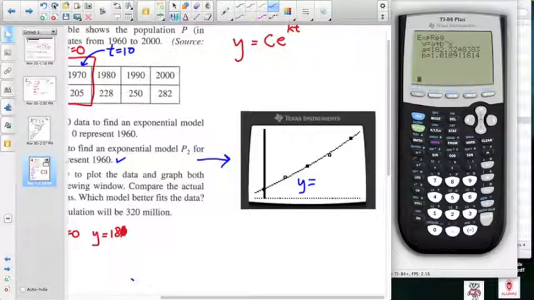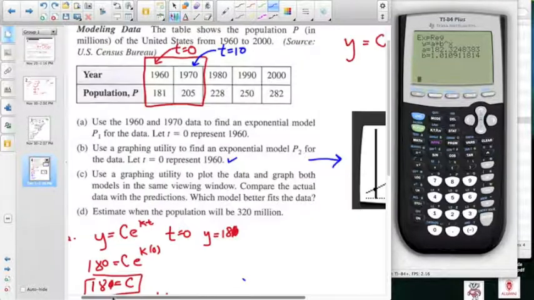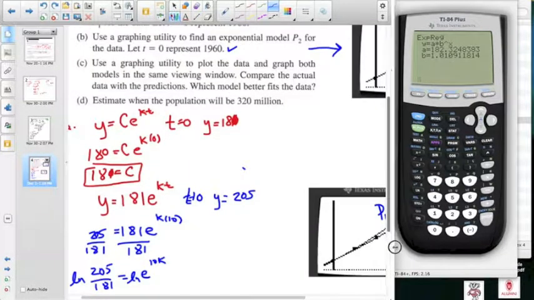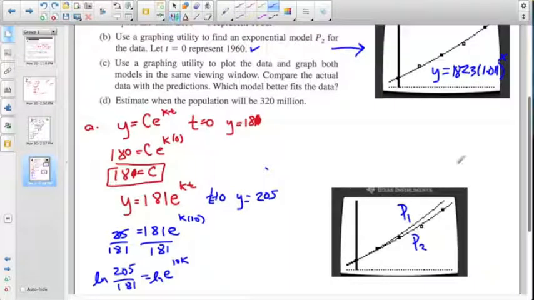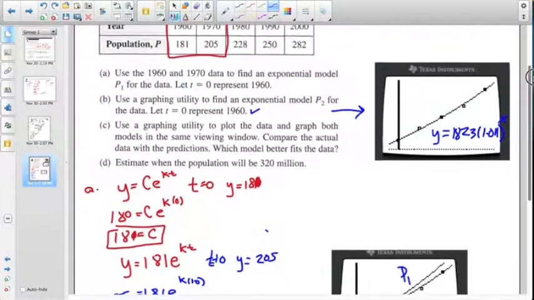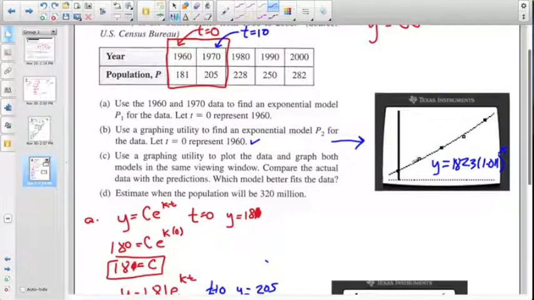Here's our exponential regression. It's 182.3 times 1.011 to the x. So there is our exponential model according to our graphing calculator.